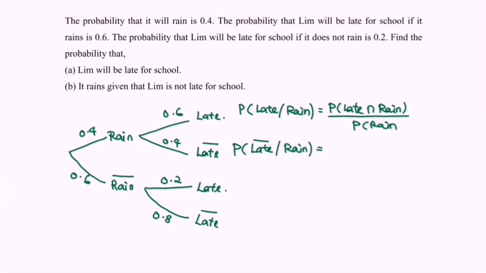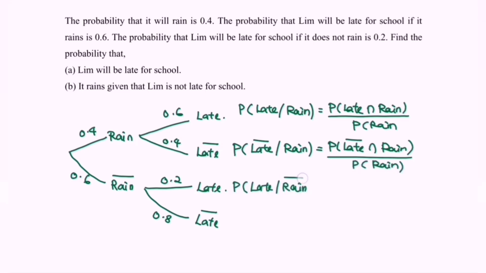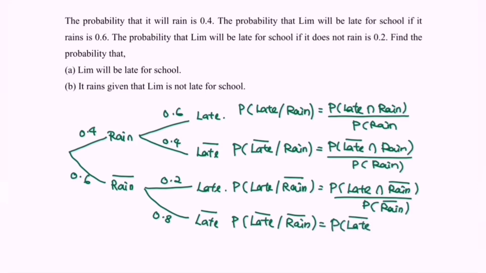So we can express the situation as late complement intersect rain over the probability for rain. So here we have the tree diagram.